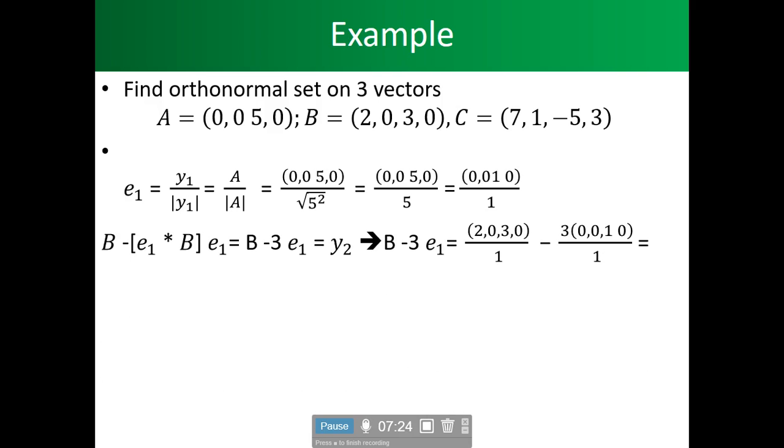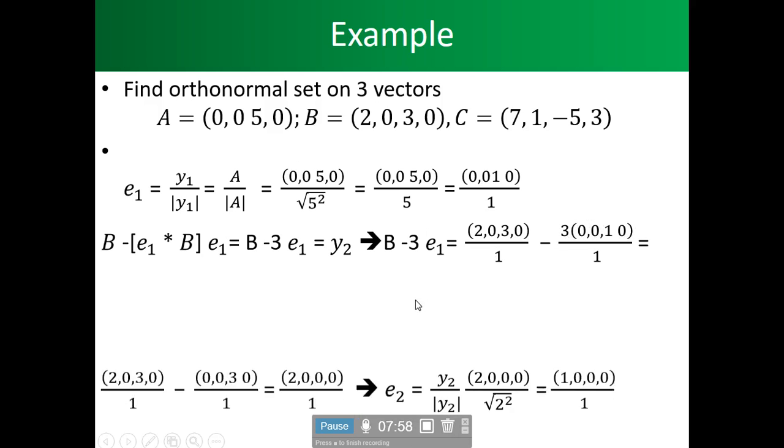So now we have that, and they give us this long equation, and they simplify it to be just b minus 3 times the first normalization that you have done, the first perpendicular one that you pulled together. So we take 0, 0, 1, 0 times 3, and then we subtract that.